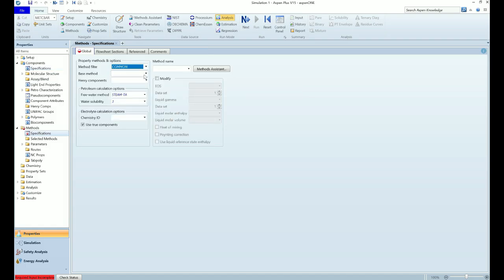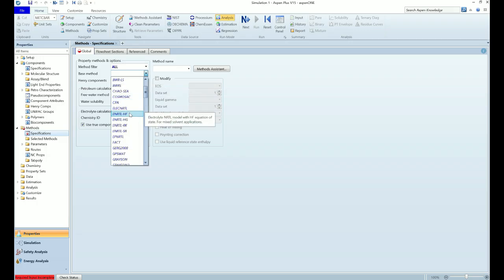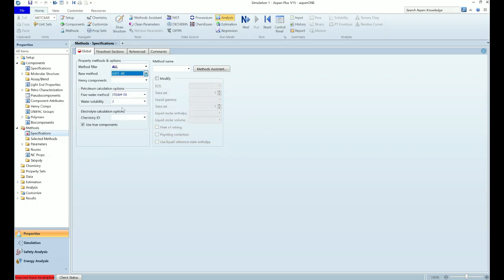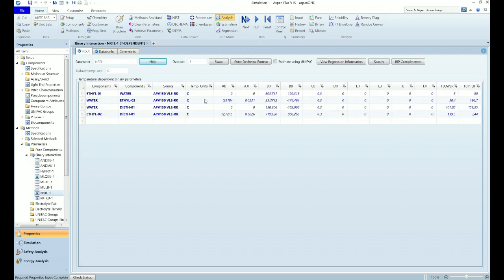Next, as our methods, let's filter using NRTL here, and let's find the possibility of non-random two-liquid Redlich-Kwong. Let's click next for estimating all properties and binary coefficients for interactions between each compound for this model.